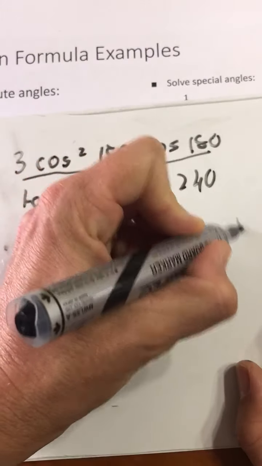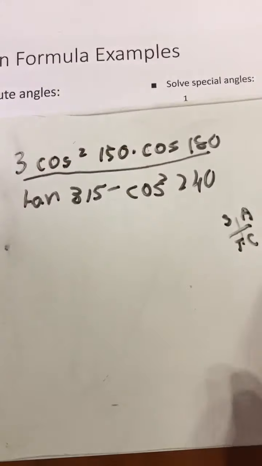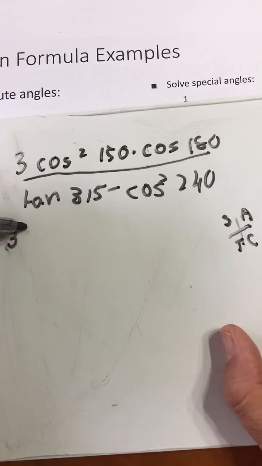So the first thing I need is just a CAST diagram. And this time I'm not going to put that middle line. I'm just going to go right ahead and do all my reductions. So I put my 3, and then it's not a bad idea just to use brackets so that you don't get confused between subtraction and multiplying by negative.